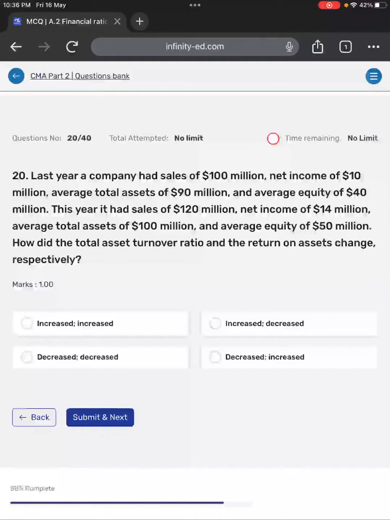How did the total asset turnover ratio and return on asset change, respectively? Option A, increase, decrease. Option B, increase, decrease. Option C, decrease, increase. Option D, decrease, increase.